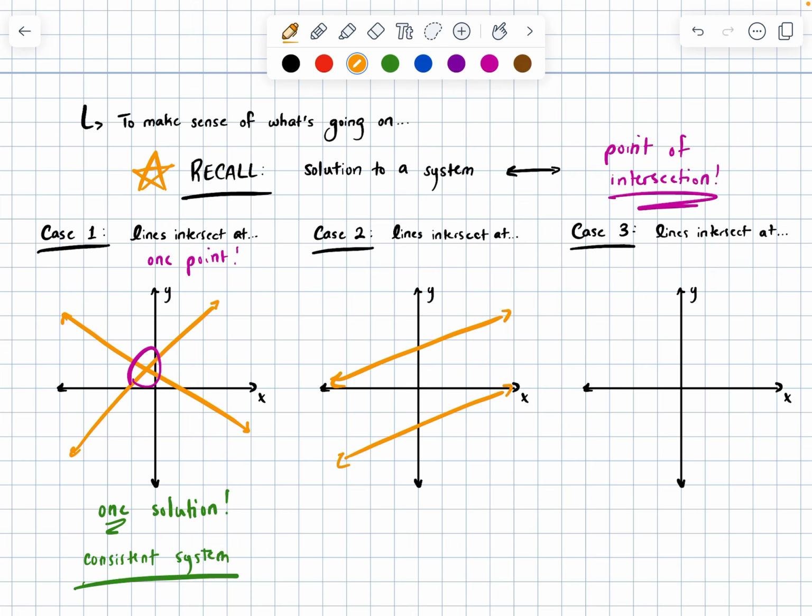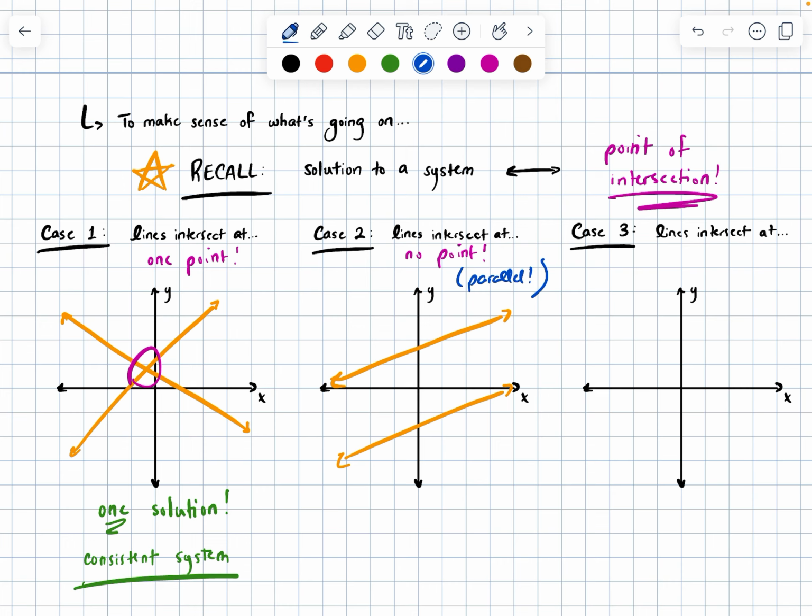In other words, the fancy word for lines that intersect at no point. They do not have a point of intersection. These lines are called... 5, 4, 3, 2, 1. Very nice. These lines are parallel. So it is possible that my lines might be parallel.